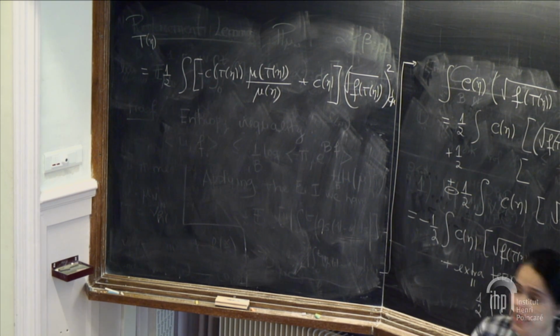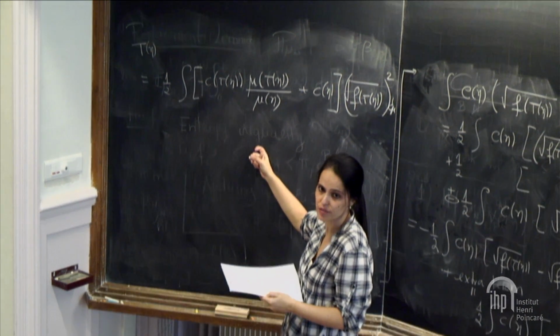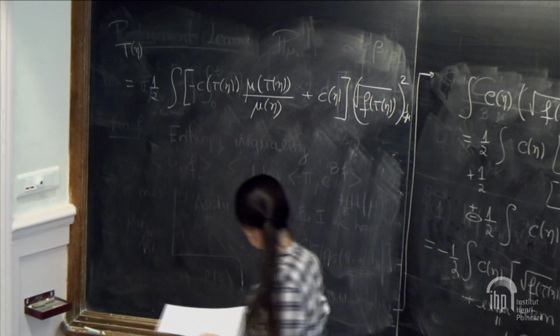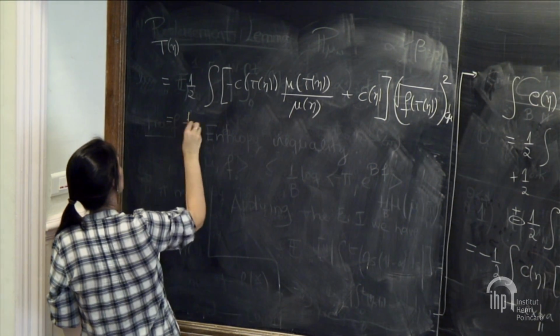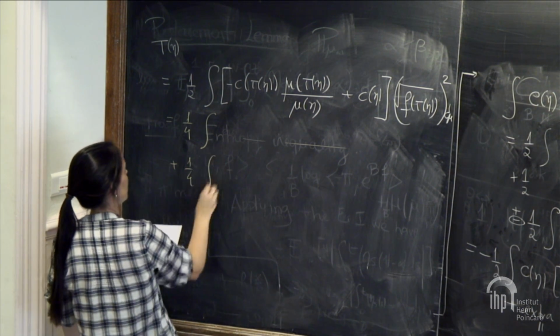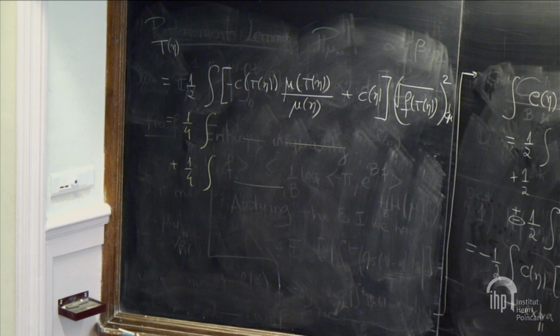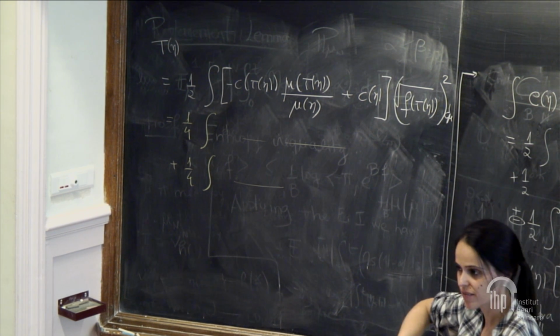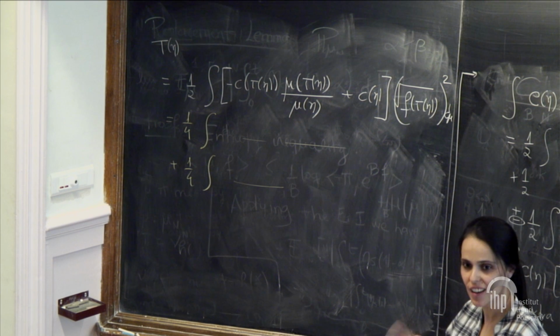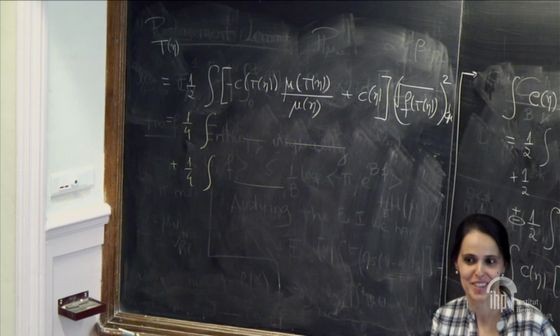Another trick is that I write this as 1/4 of it plus 1/4 of it. So I write this as 1/4 of this one plus 1/4 of this one. In one of them, I make the exchange again, I exchange eta into t eta, and then you do the computations and you get that.